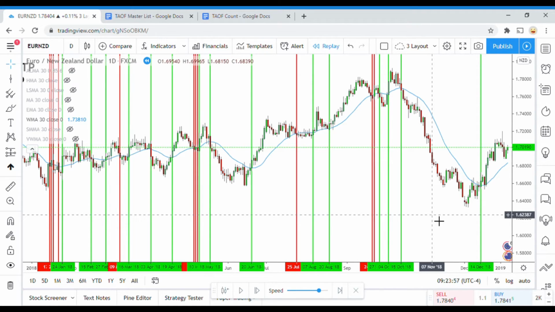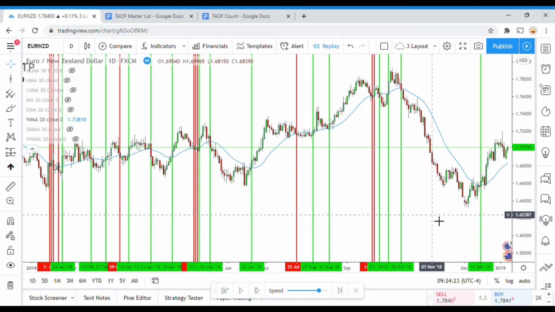So yeah, the weighted moving average doesn't seem to be anything spectacular. It seems to be kind of a middle ground moving average. It catches some really decent trends, but at the same time, it has its moments where it's getting chopped around and whipped in and out of trades.